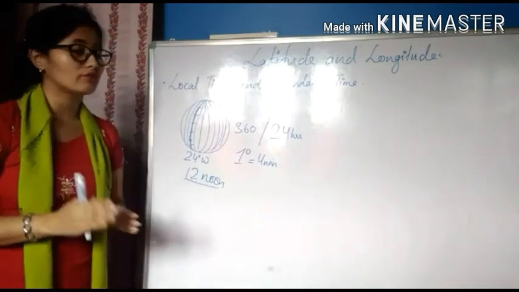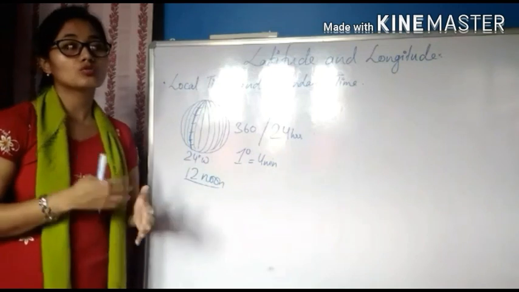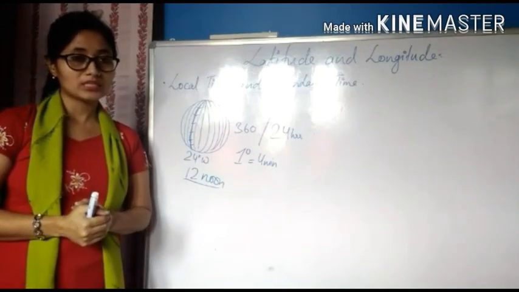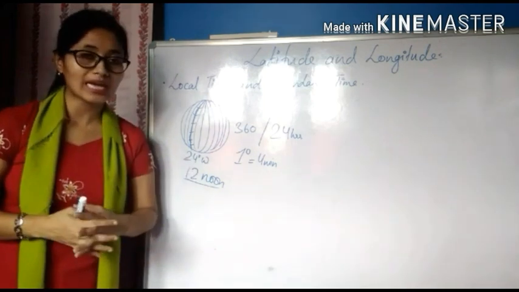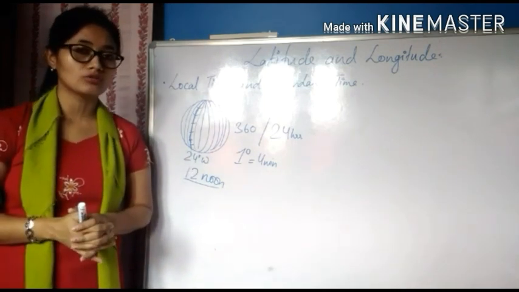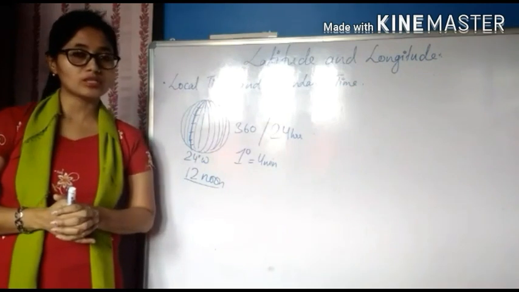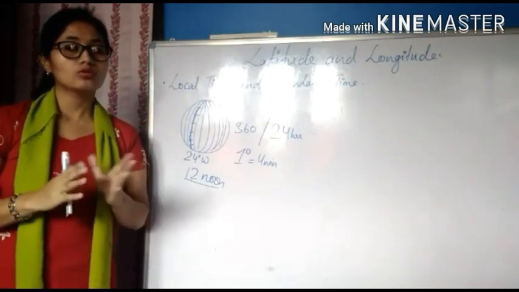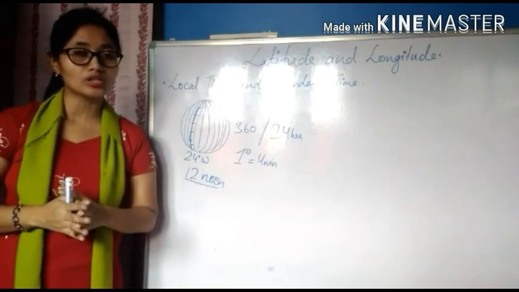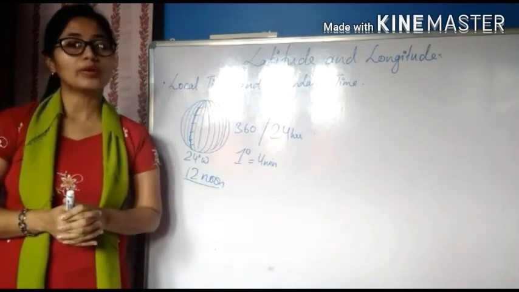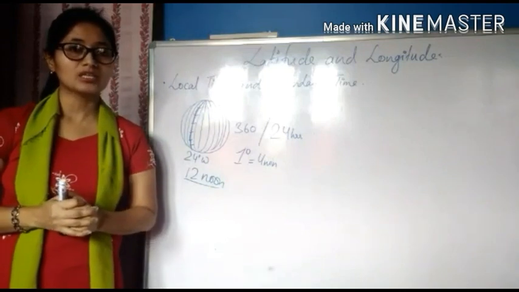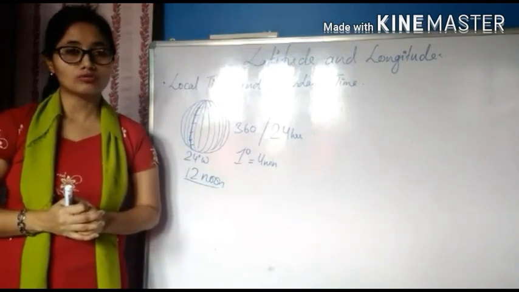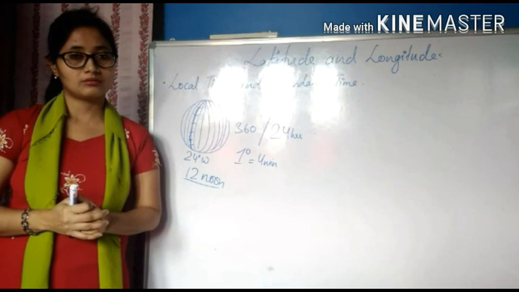So longitude plays a very important role in calculating the local time of a place, but to know the local time of that longitude, the sun plays a very important role. The local time of a longitude is decided by the movement of the sun, and it is calculated with the help of the longitude of a place.